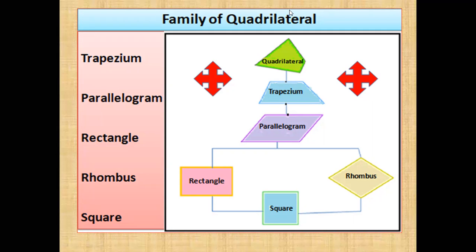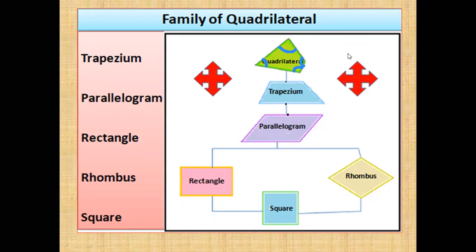These are the only properties that we know about a quadrilateral: that it has 4 sides, 4 angles, and 4 vertices. And we said the sum of the 4 angles of a quadrilateral is 360 degrees.